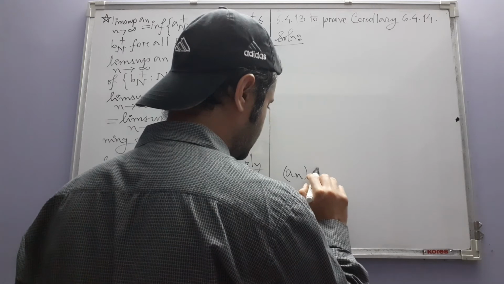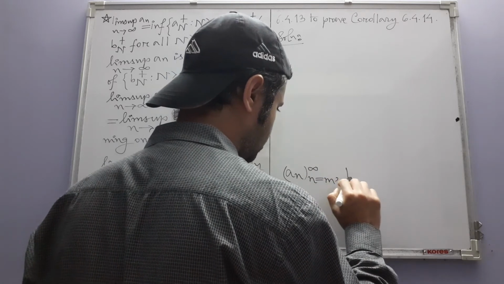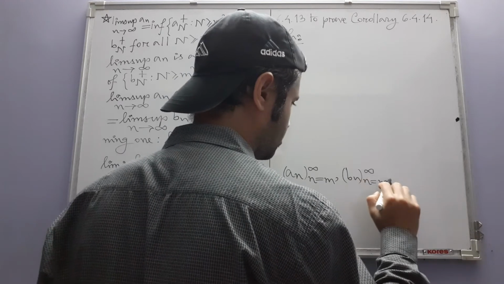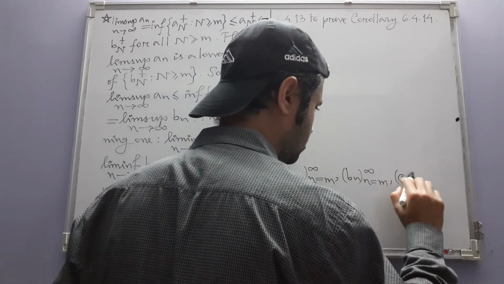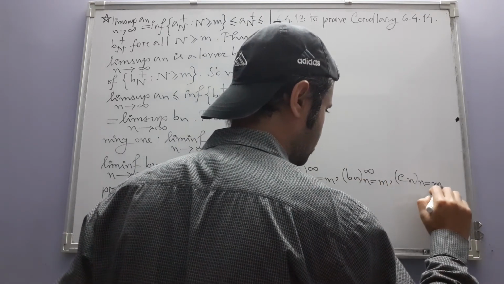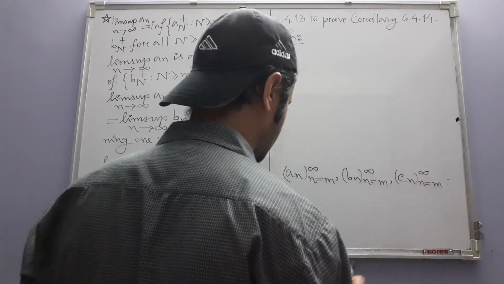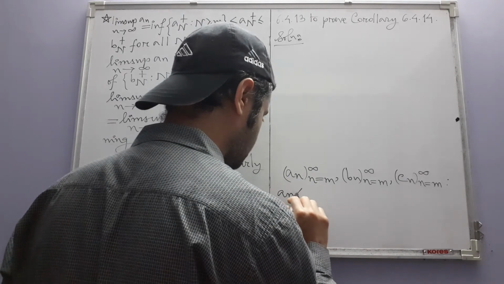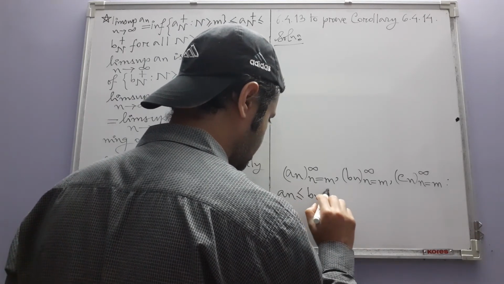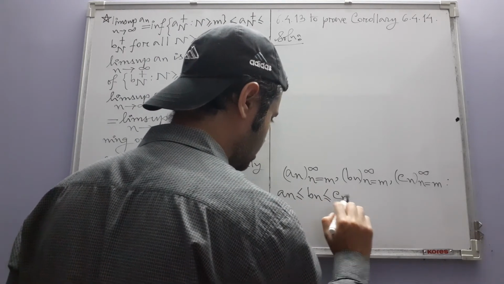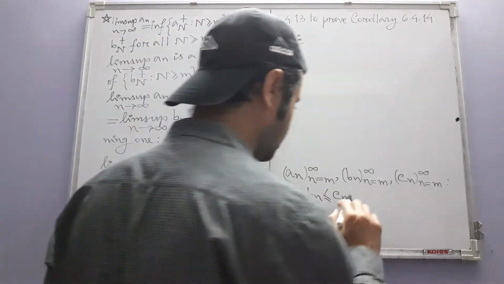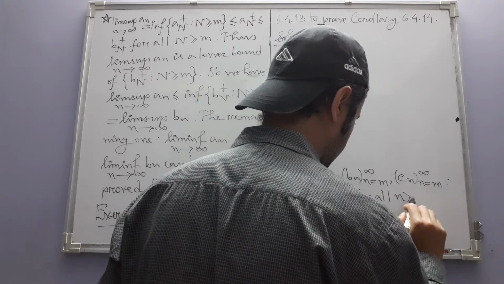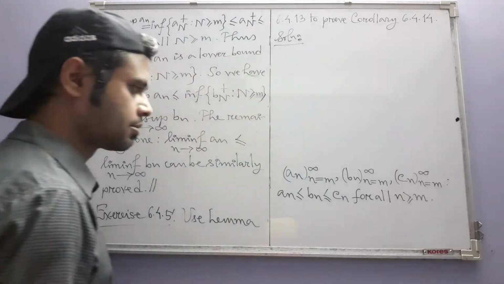Three sequences of real numbers are given to us, and they satisfy these inequalities: a_n is less than or equal to b_n, b_n is less than or equal to c_n for all the indices.